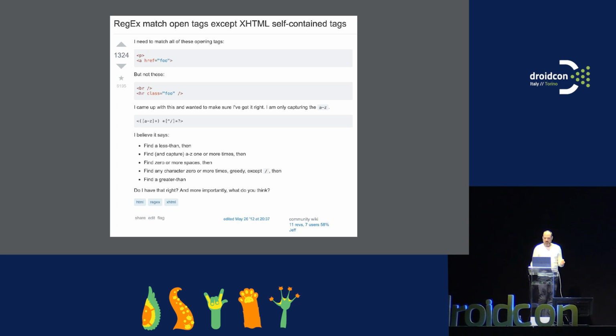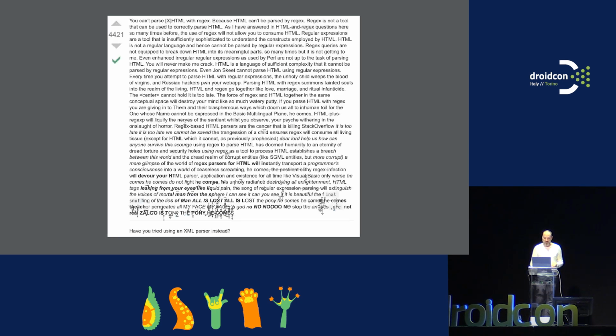Am I doing this right? And the answer to this question is probably the best Stack Overflow answer you can find online. I'm not going to read it all, but I recommend you go look at this one. What I want to say with this is, don't try to convert your HTML content into regular Android views. Just don't do it.